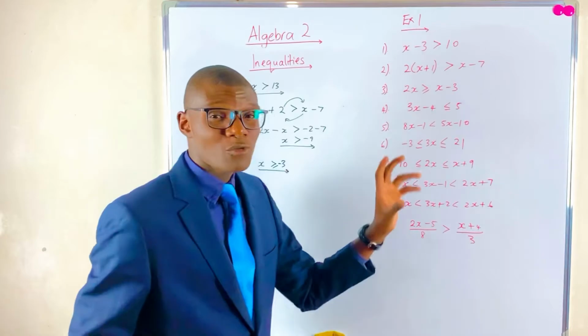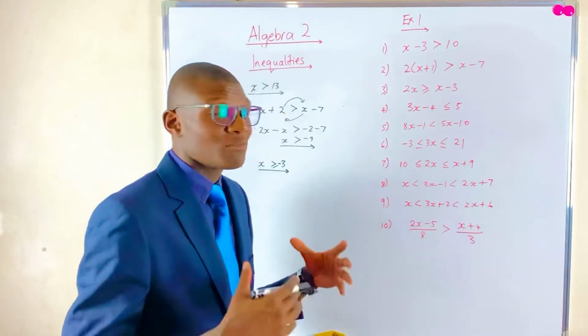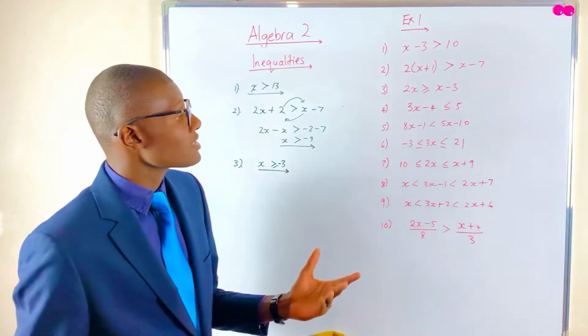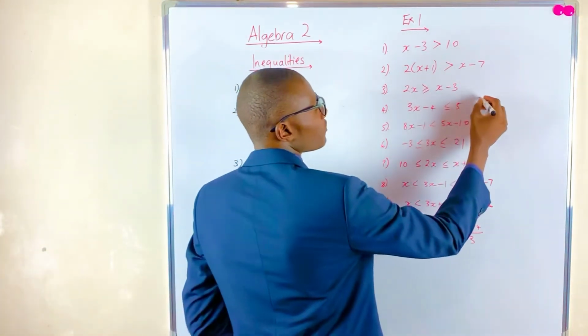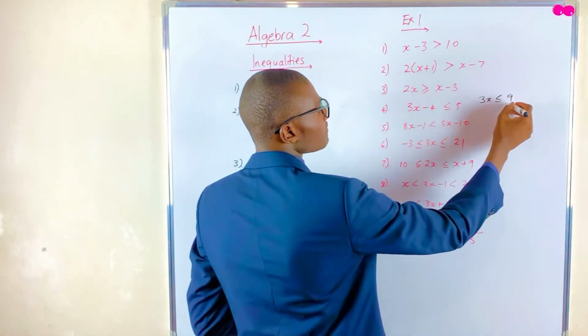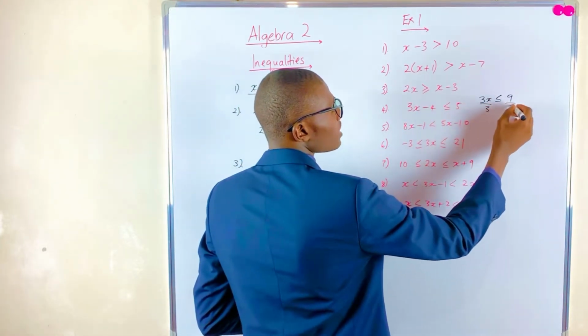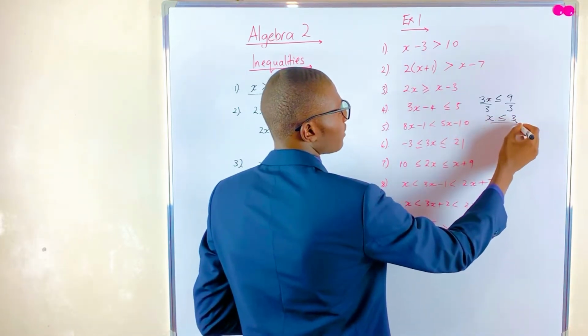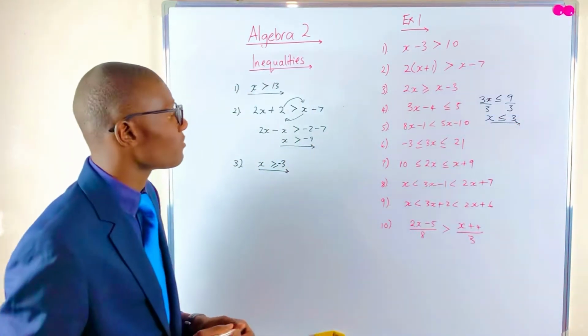So if we take minus 4 to the right hand side, the sign changes to a plus, and then we have 3x being less than or equal to 5 plus 4, that gives us a 9. Then dividing both sides by 3, x would be less than or equal to 3. So that's the result that we get for number 4.